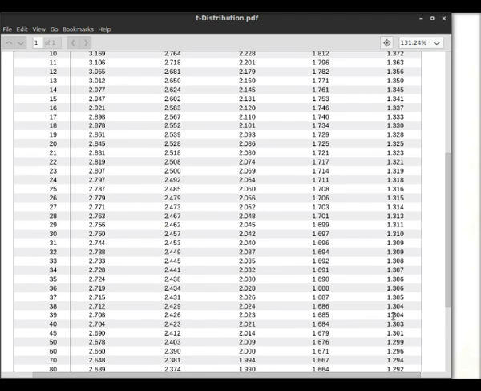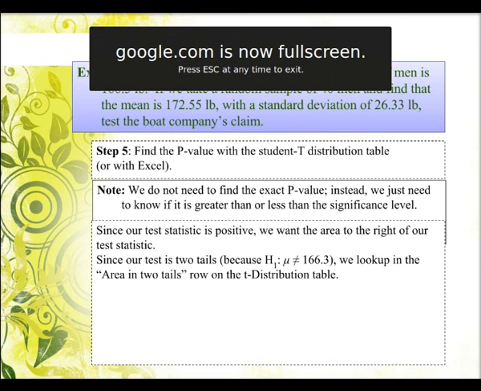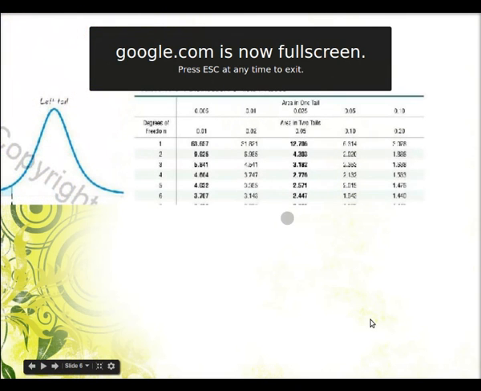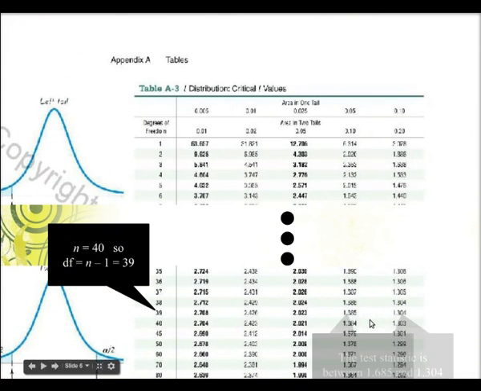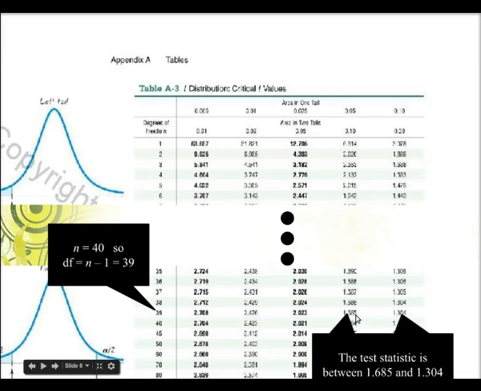But of course, notice 1.501 is not in there. But 1.501 is between 1.685 and 1.304.